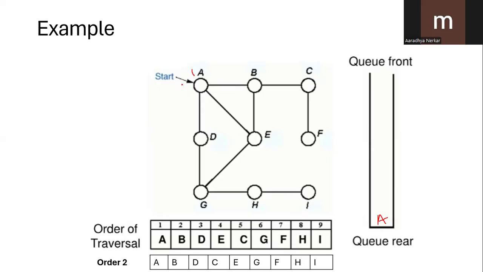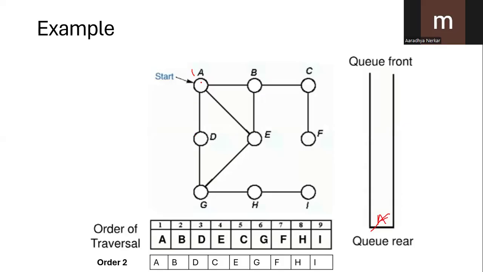Otherwise, it is set to 0. So initially, we have initialized the visited array for all the vertices to 0. As and when we are enqueuing it in the queue, we are marking it as visited. After that, we will dequeue as per our algorithm. We will dequeue that particular node, and we will print it.